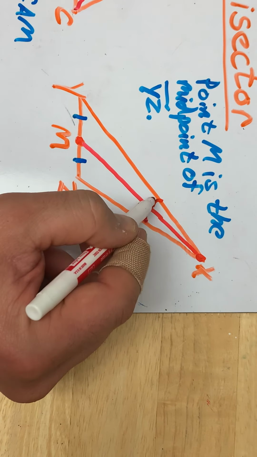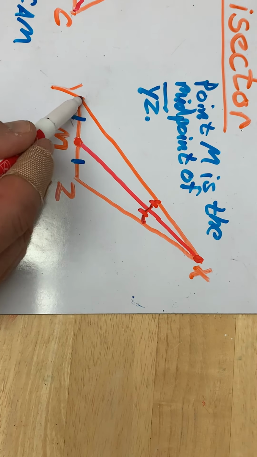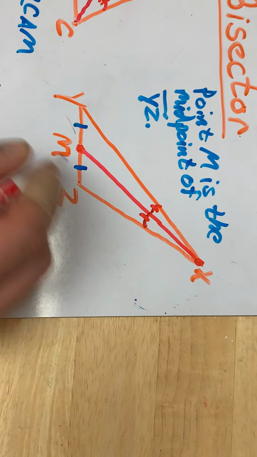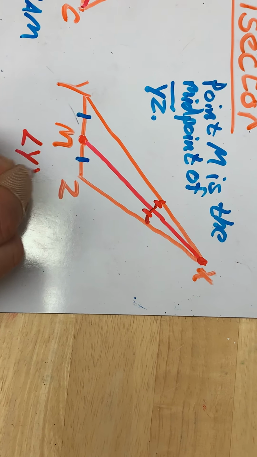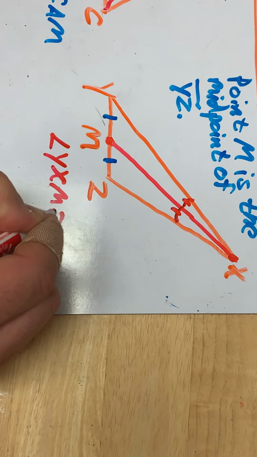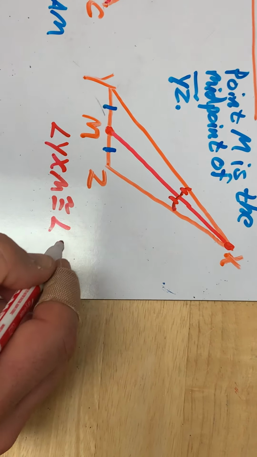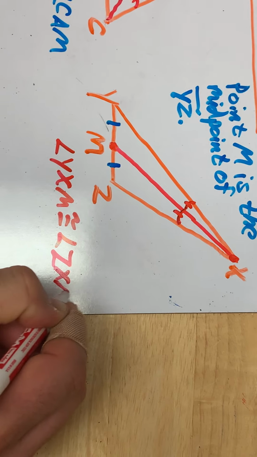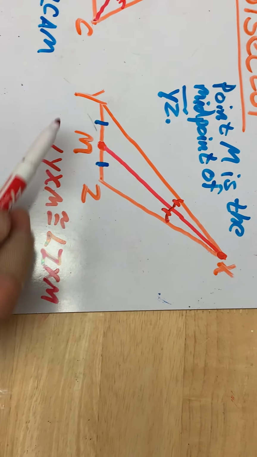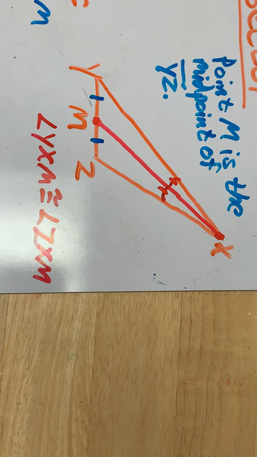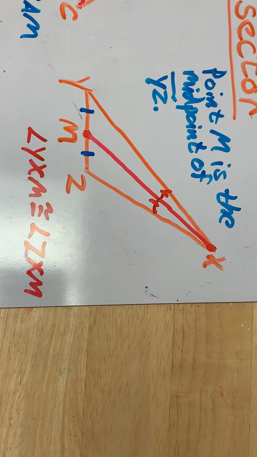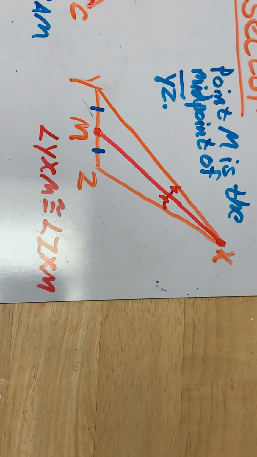So this angle is congruent to this angle. Angle YXM is congruent to angle ZXM, by the definition of what an angle bisector is. It bisects the angle, it cuts the angle into two perfect halves.